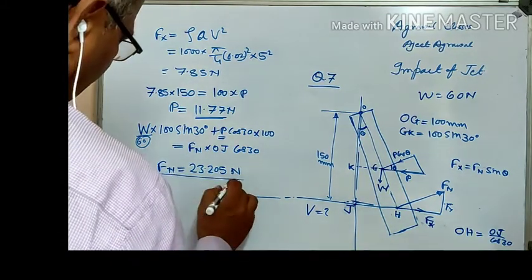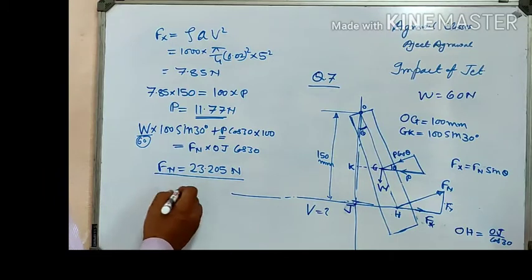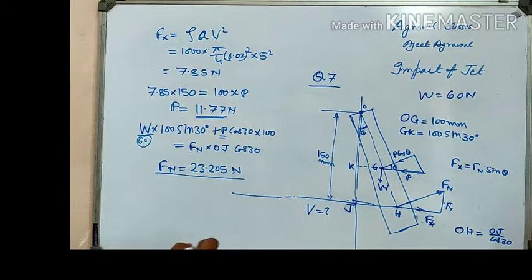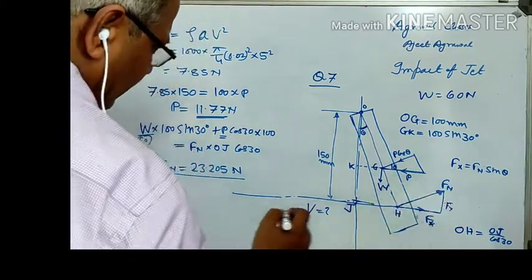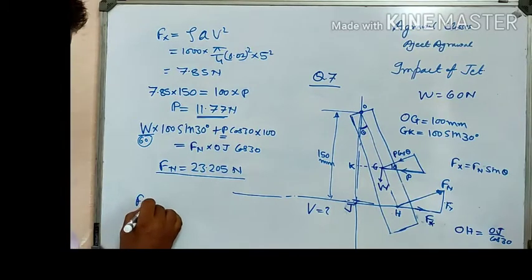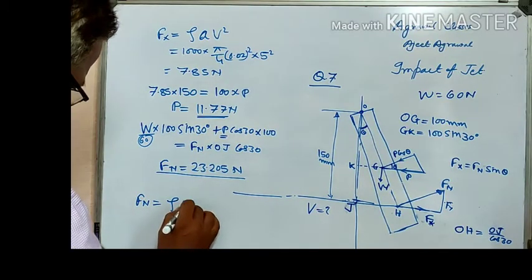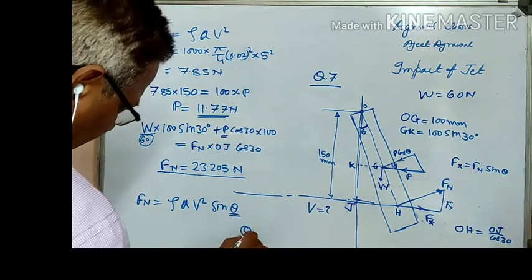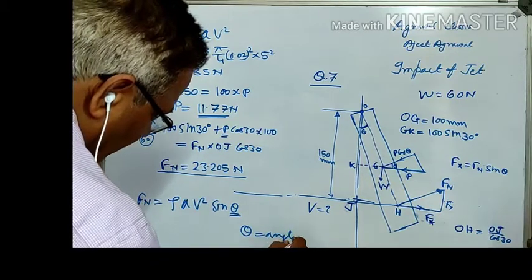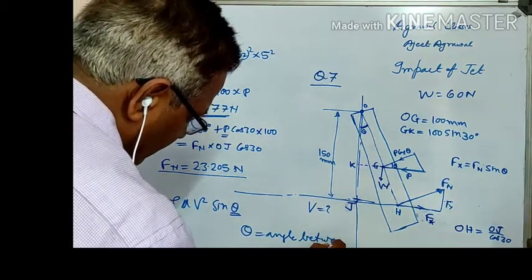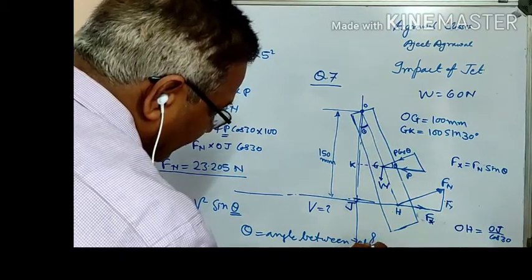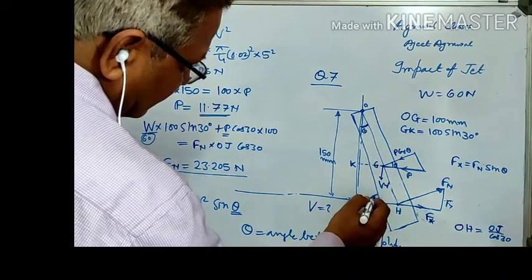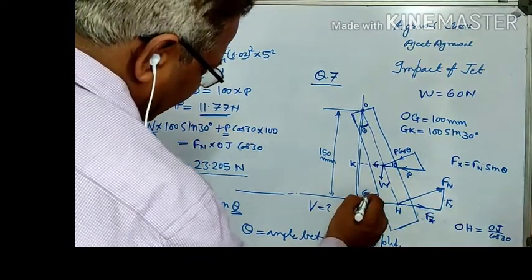Now we can directly calculate, because we know that Fn equals rho a v square sin theta, where this theta is the angle between jet and plate. In this case, the theta we are going to consider will be 60 degree.